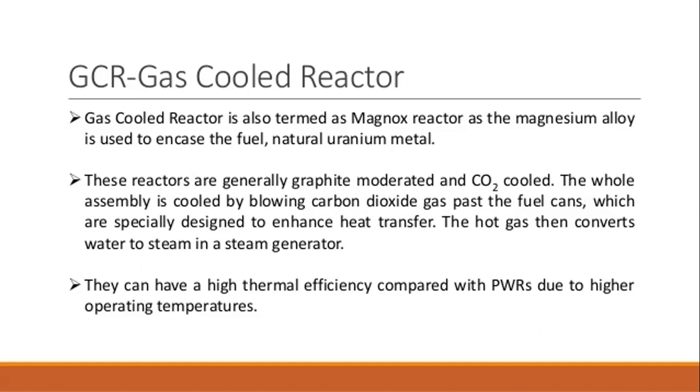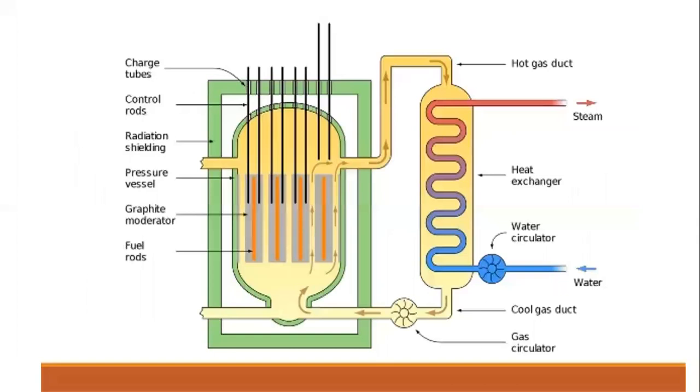Instead of water coolant we are using CO2 or helium. The heat exchanger is necessarily required. The gas is circulated through the reactor core and the heat exchanger by means of gas compressors. This is the gas cooled reactor.